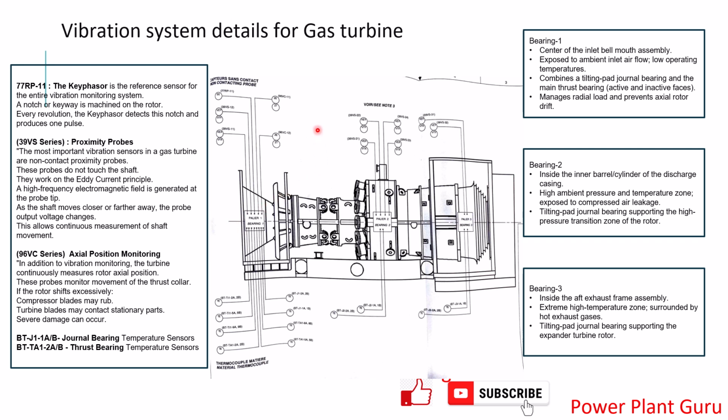Then if you cross it vertical, at 45-degree there will be one probe, and at the other 45-degree there will be one probe. So two probes at 90-degree to each other, but 45-degree from the center line. That kind of arrangement will be there for probe 1 and probe 2.